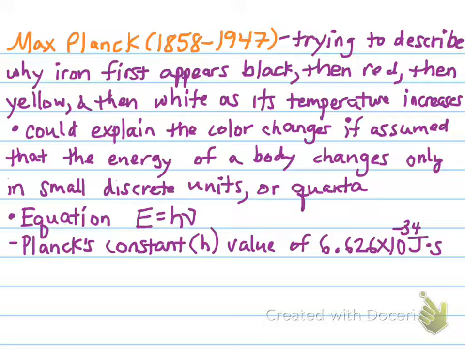So that's what the h stands for. It's his constant. And this equation is saying that the energy of a quantum is equal to h times this constant times frequency.